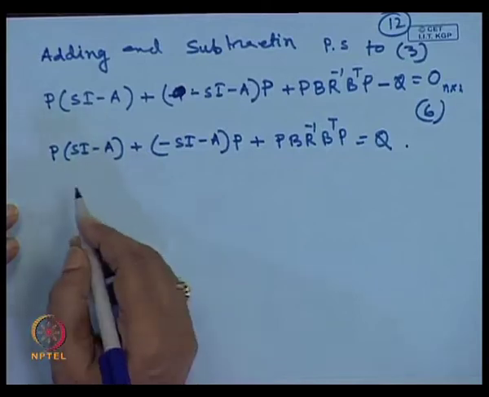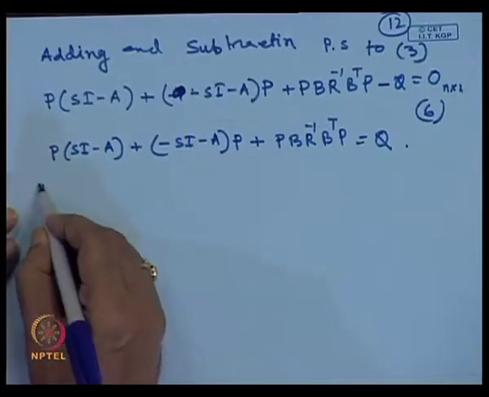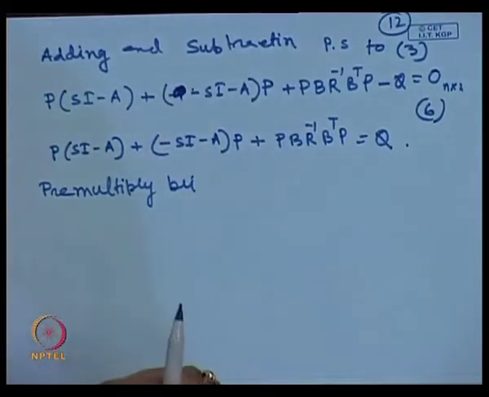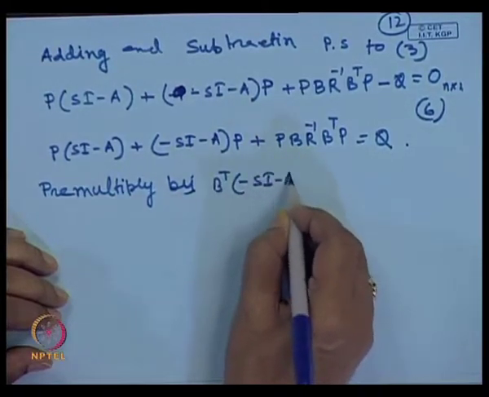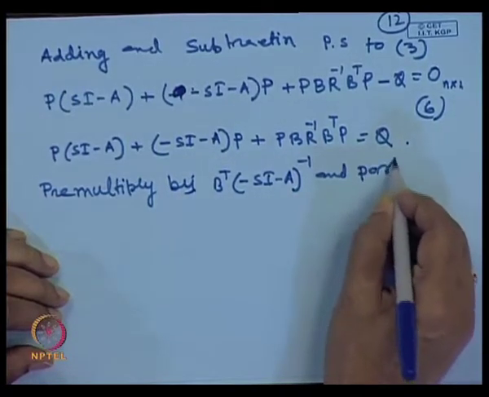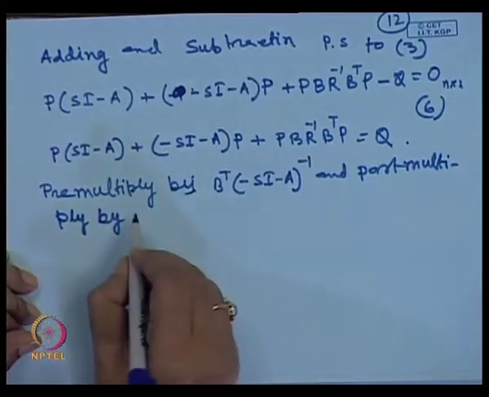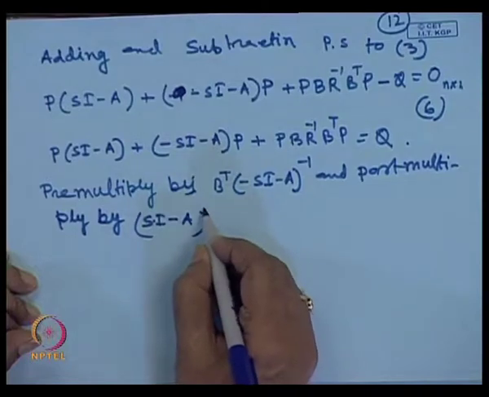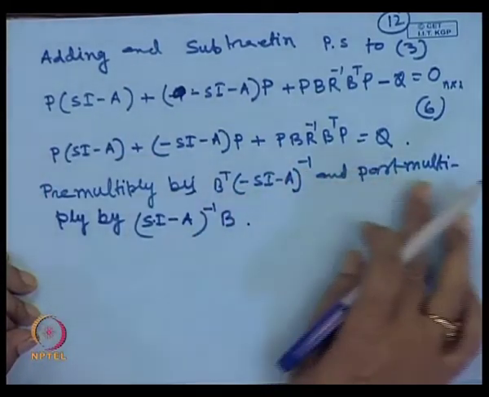Now, on both sides I multiply: pre-multiply by B transpose minus (sI minus A) whole inverse, and post-multiply by (sI minus A) inverse B. So, this equation I pre-multiplied by B transpose (sI minus A) inverse and post-multiplied by that one.